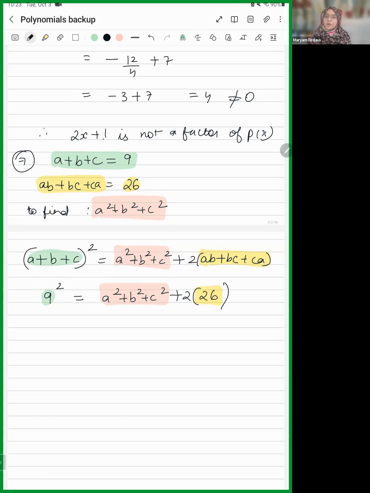So now all you have to do is just solve it. 9 square is 81. And this is 2 into 26, which is 52. So minus 52.